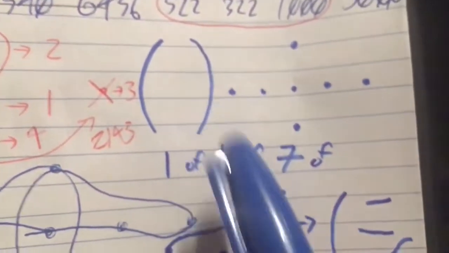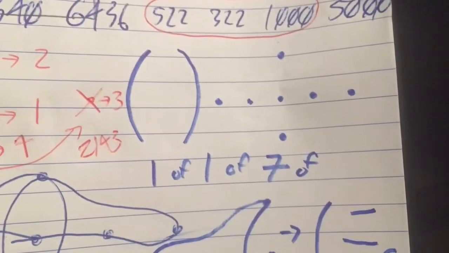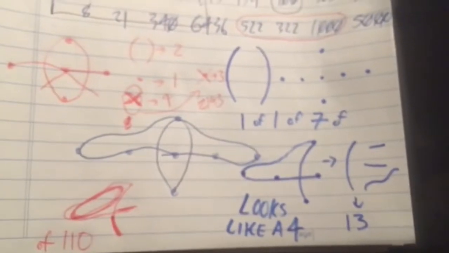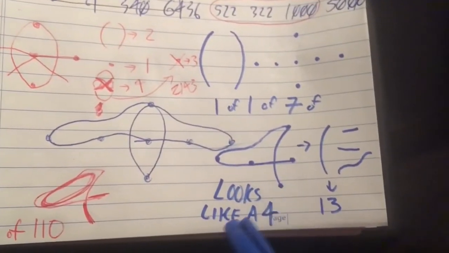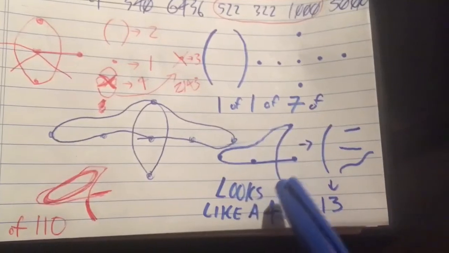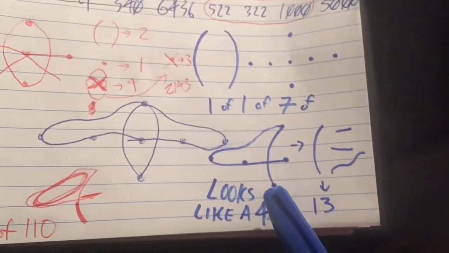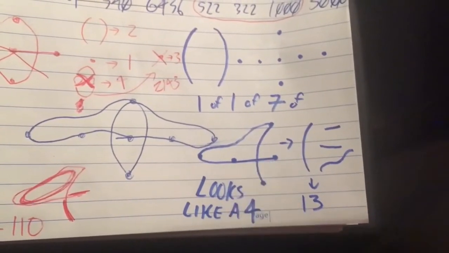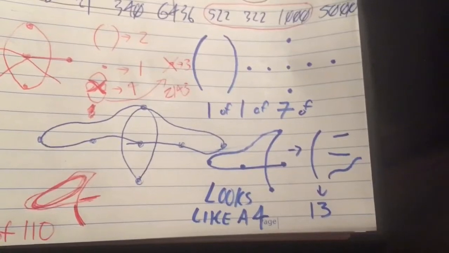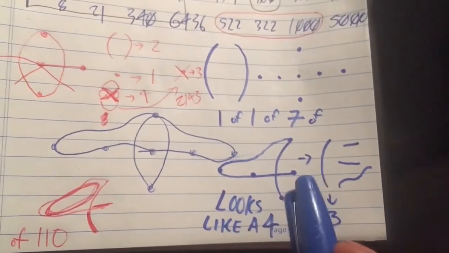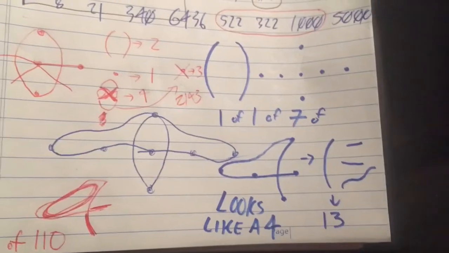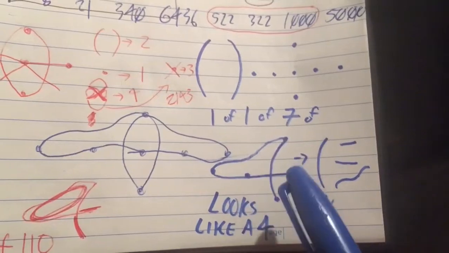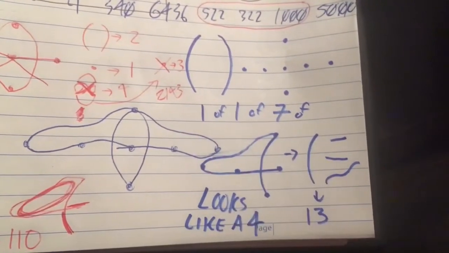It's your 1 of 1 of 7 of, it looks like a 4, but it's really a 1 with a segment, segment, segment to create a segment. Okay, we're not talking about the created segments yet. Okay, it's special. It's not part of the grid. It comes later. So, it looks like a 4, but really, it's a 1 with a 1, 2, 3.